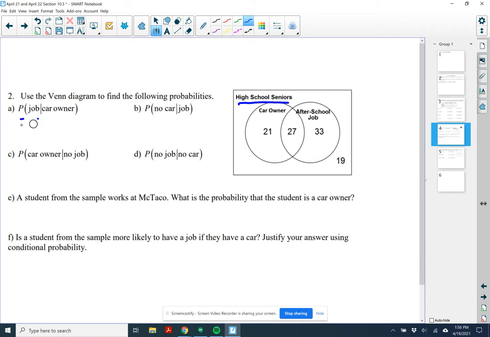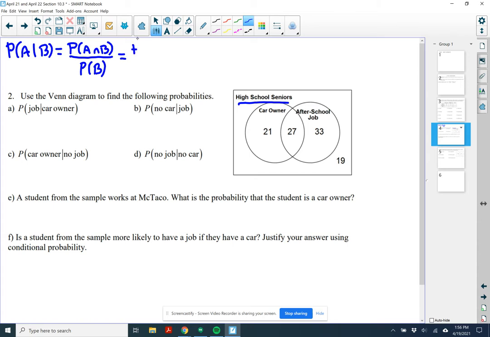So I'm going to remind you of the formula that we had on the front, which said the probability of A given B equals probability of A and B. Remember that symbol of the and, the intersection symbol is the and, divided by the probability of B. Okay, that formula is on the front of our page.